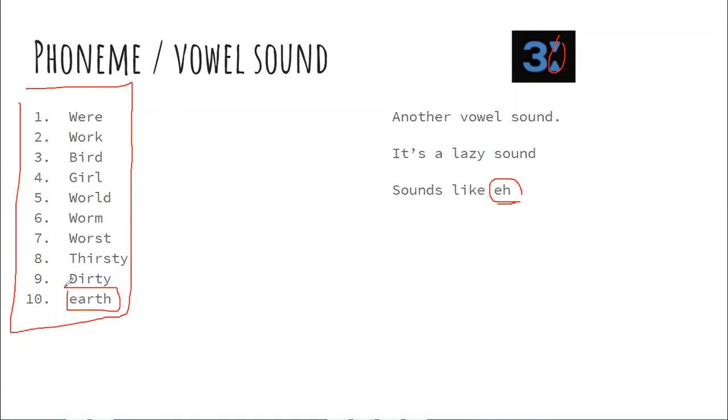Earth. El sonido es like earth. Es un sonido muy extraño, como cuando nosotros hacemos así, pero este vendría a ser ese. Perfect. Lo mismo, una T muy clara, muy bacán.